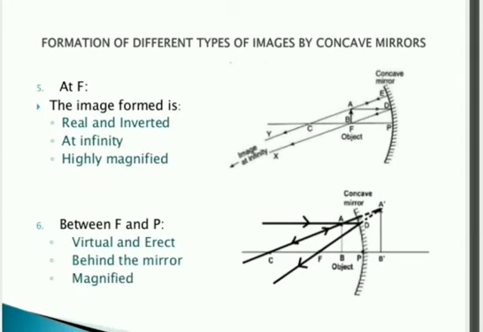Then fifth case, if we keep the object at F, F means principal focus. The image formed is real and inverted. At infinity, the image will be formed and it will be highly magnified. Then between F and P, it will be virtual.